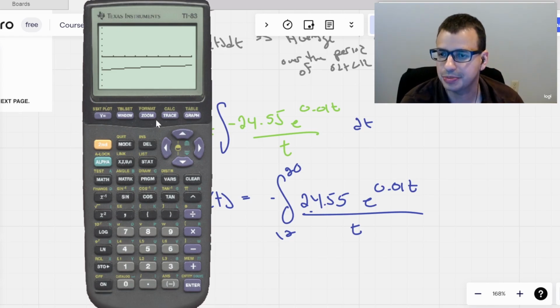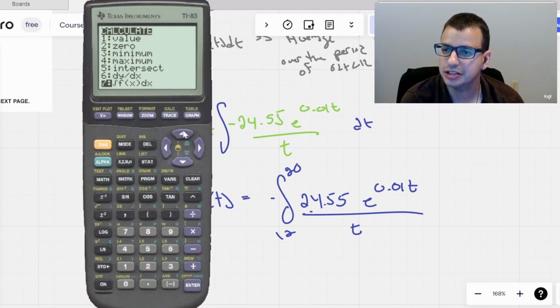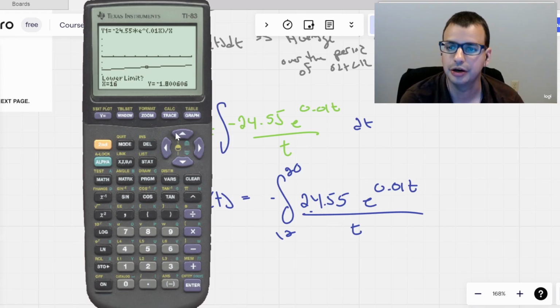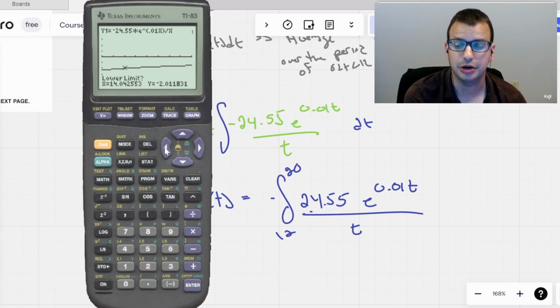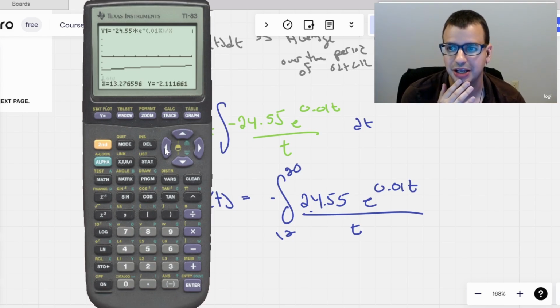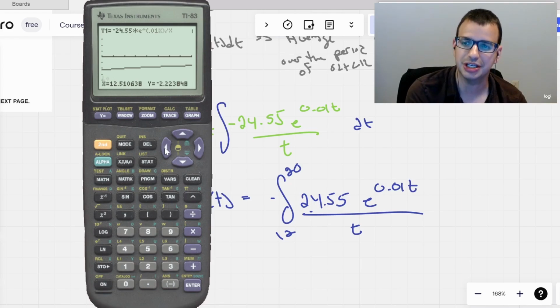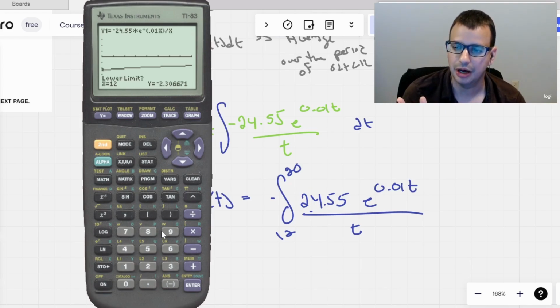Okay, seems reasonable enough, I suppose. Second, calculate. We're going to do the integral. This is the part where you can use your calculator. Is there a better way of doing this? I don't know. It's telling us where to start. This is why I probably should have said it was 0 to 20, because now I have to go across the entire graph to make this work.